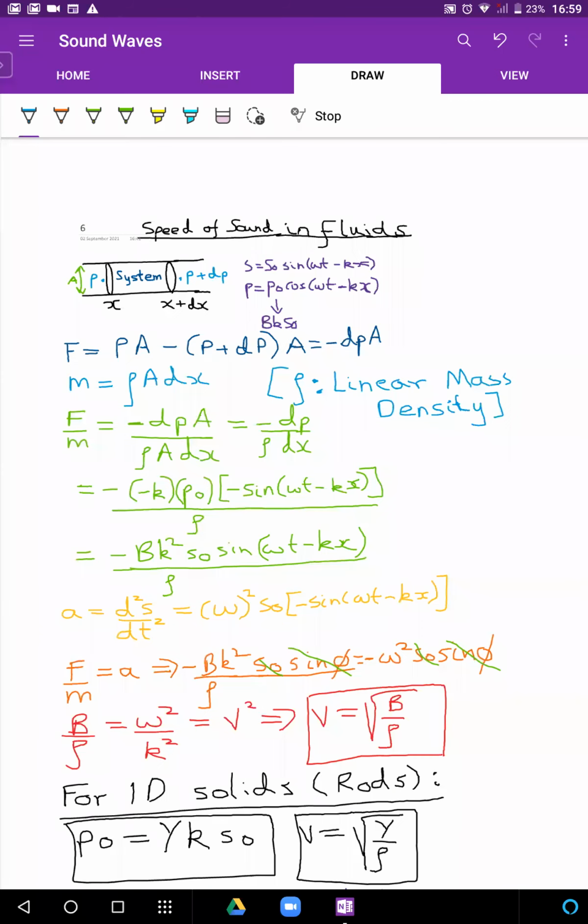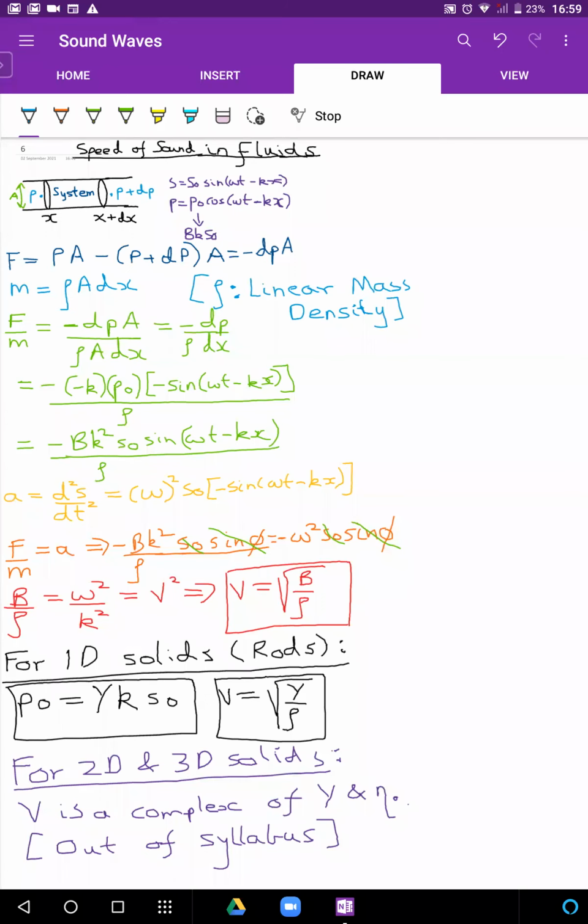Cool. Someone is asking, why can't we apply the same method for 2D and 3D solids? 2D, 3D solids, do you understand how complex it is? Sound is not propagating in one direction now. It's propagating in 3 directions.